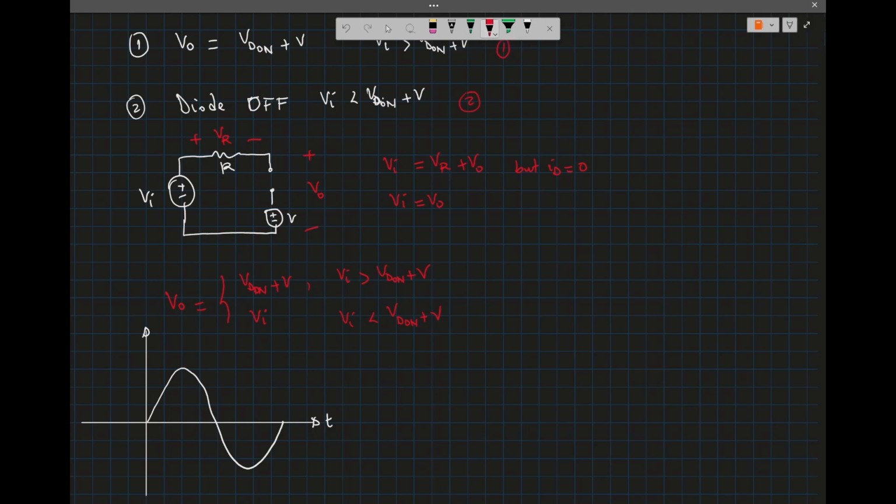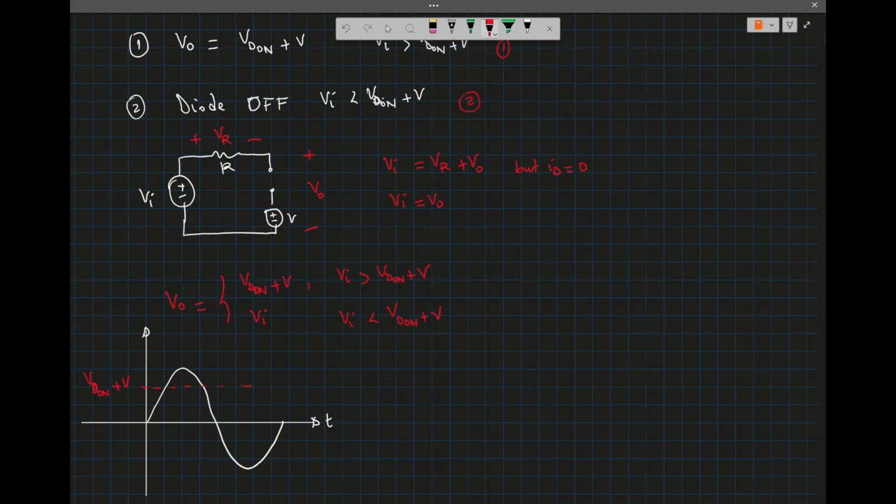I'm going to make videos on square wave functions and triangular wave functions as well. Here we have VD on plus the bias voltage.